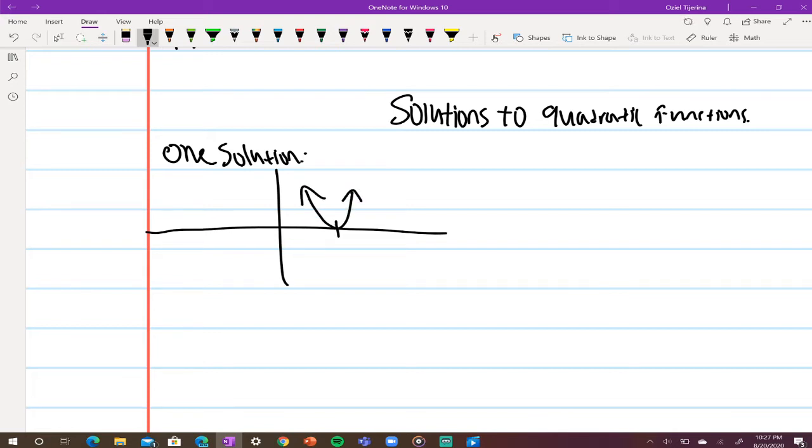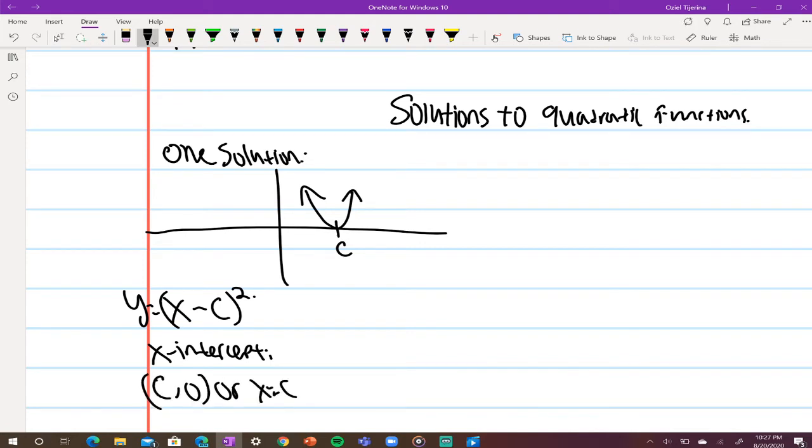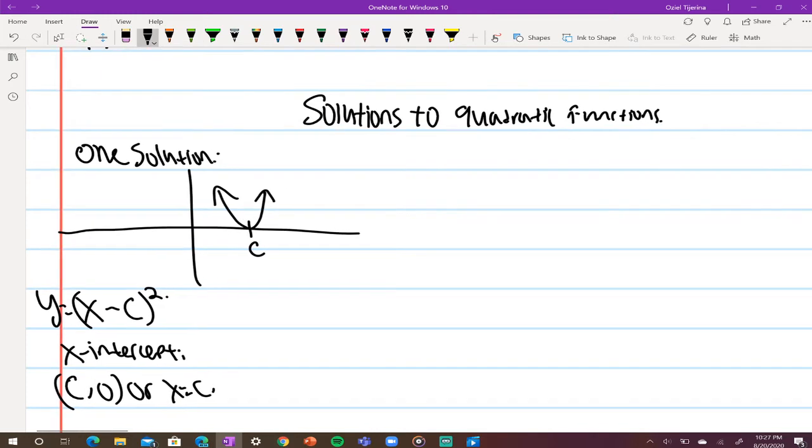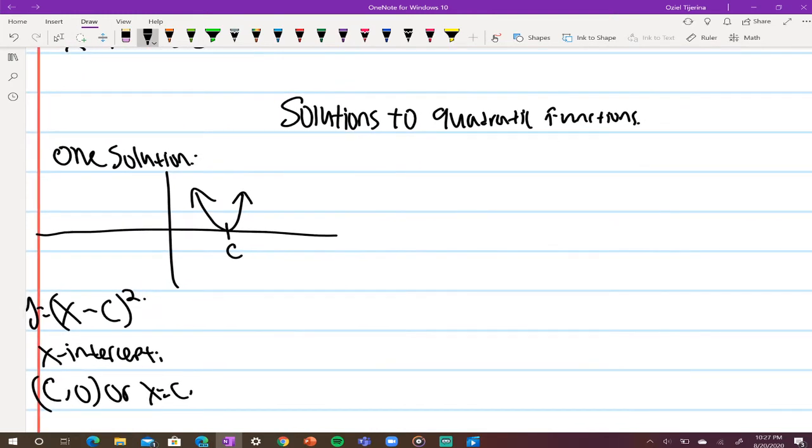Okay, so at x equals c, it would be x minus c squared, and the x-intercept would be at c comma 0, or x equals c. Okay, that's for one solution.